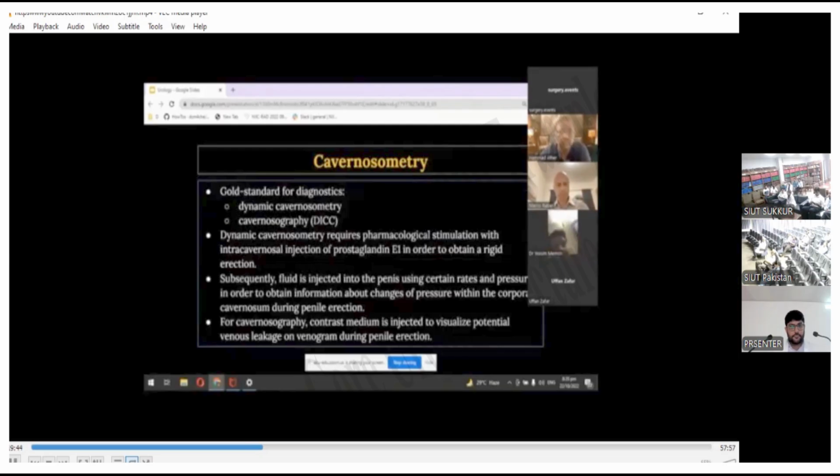Dynamic cavernosometry requires pharmacological stimulation with intracavernosal injection of prostaglandin E1 in order to obtain a rigid erection. Subsequently, fluid is injected into the penis using certain rates and pressures in order to obtain information about the change of pressure within the corpora cavernosa during penile erection. For cavernosography, contrast medium is injected to visualize potential venous leak on venogram during penile erection.